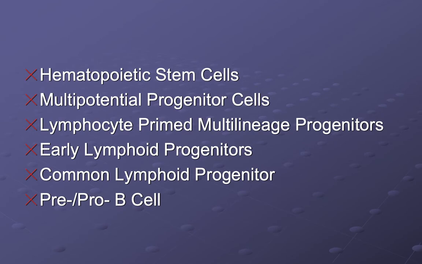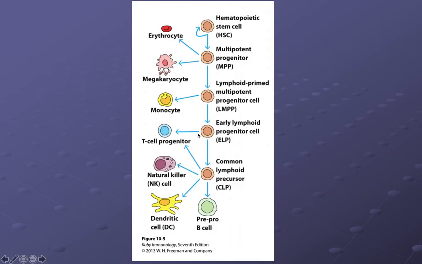ELPs, the fourth stage for B cell development. These early lymphoid progenitors are actually the diverging point between T cell development and B cells.